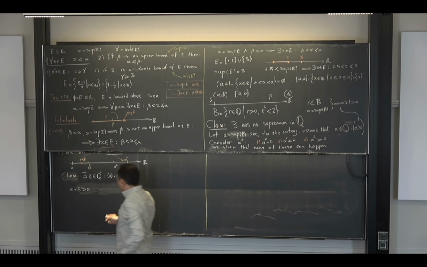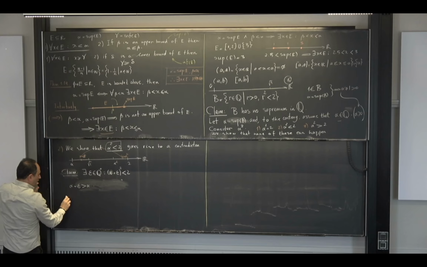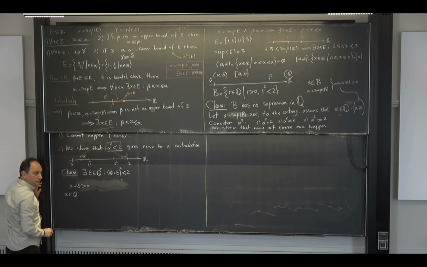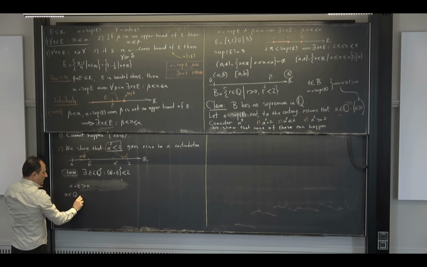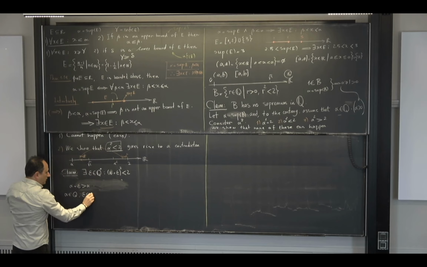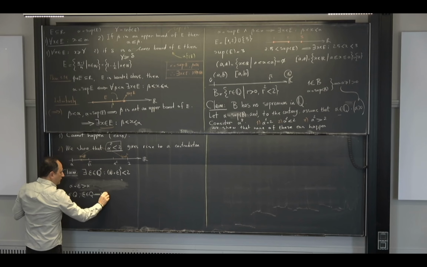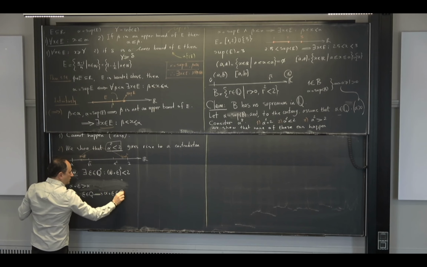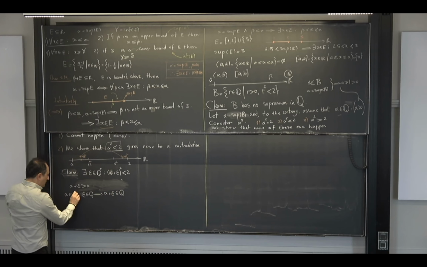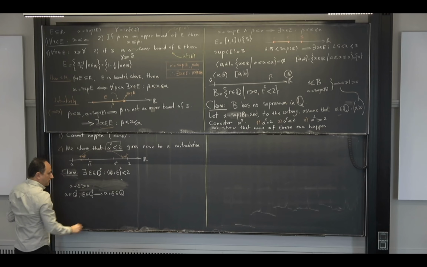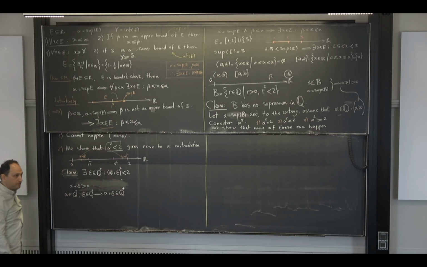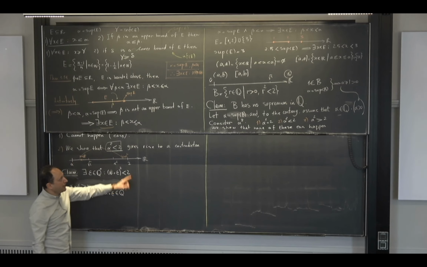Yes. Why is that? Alpha was what type? Alpha was in Q. Epsilon is in Q. So what I can conclude is that alpha plus epsilon is in Q. Do you agree? Yes. By the way, alpha was Q plus. This one is also Q plus. So this one also will be Q plus. So it is in Q and it is positive.